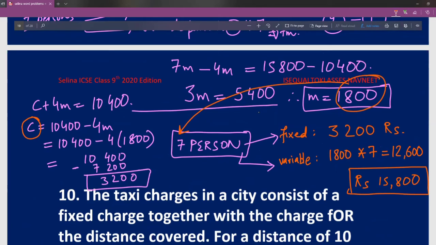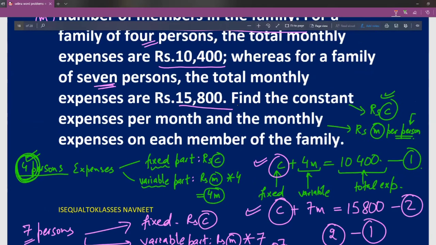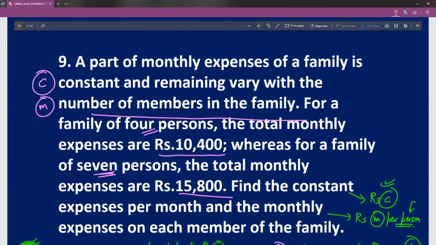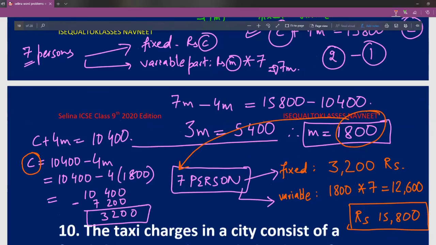So 3,200 plus 12,600 is equal to 15,800. I hope you are able to get the logic. If you are not, please watch the video again.